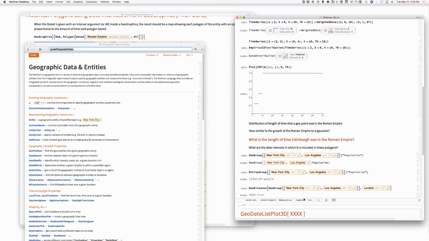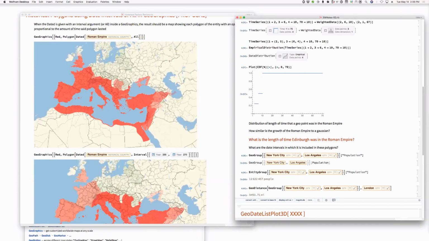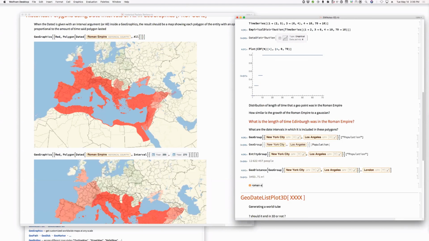So first question is, let's take Roman Empire as a thing. And now I want to know, is Edinburgh in the Roman Empire? How do I find that out? Geo member, what is the appropriate thing to ask if something is in this? Geo within Q. I'm sorry? Geo within Q. Thank you.